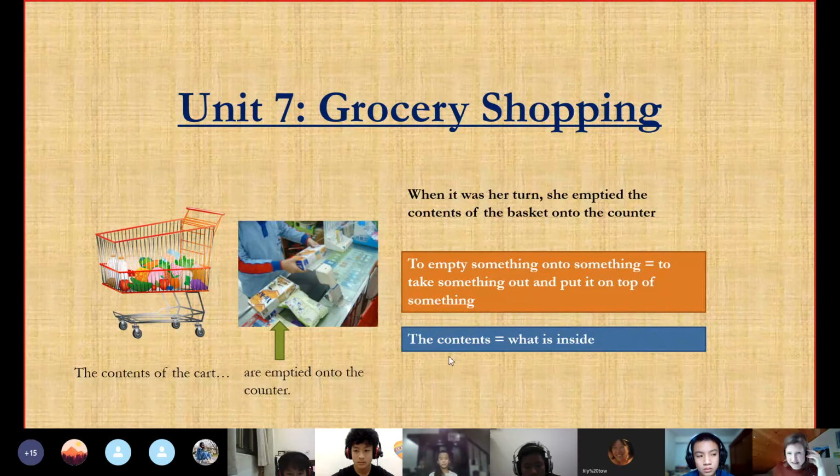Okay, so the contents are what is inside, and to empty something means to take something out and to put it on top of something else. So to empty something means you take it out until there's nothing left.